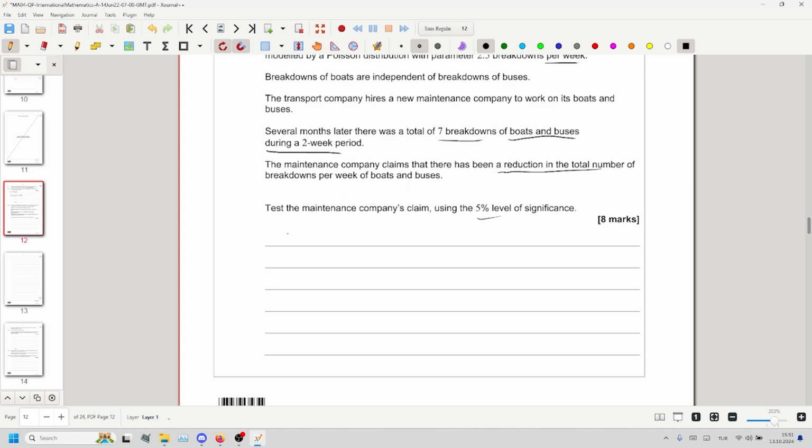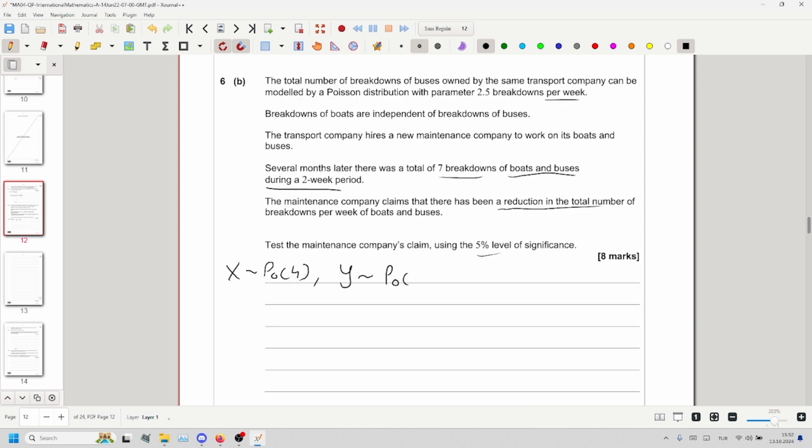So here we said x was distributed Poisson 4, and I'm going to call y the number of breakdowns of buses per week. So this would be Poisson 2.5. So the total number of breakdowns of boats and buses per week is x plus y.